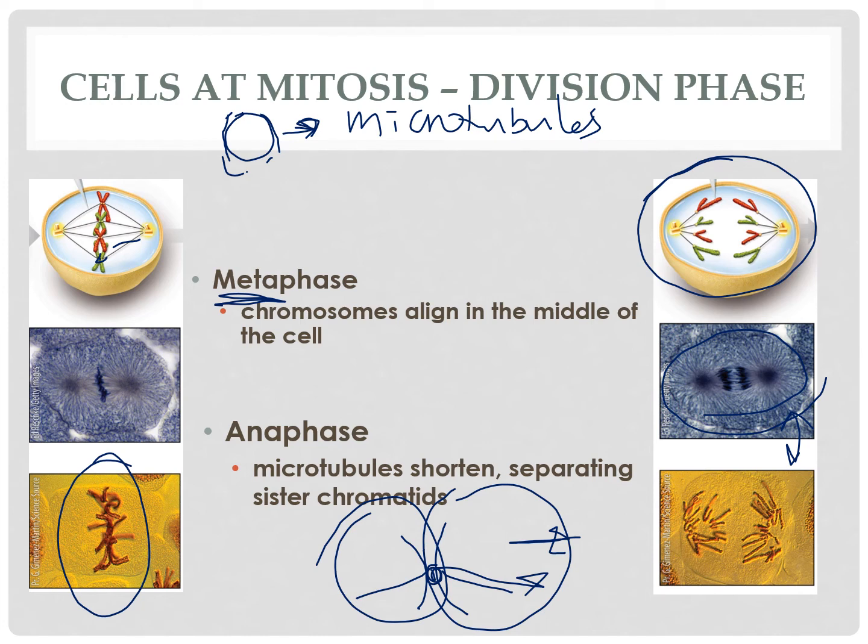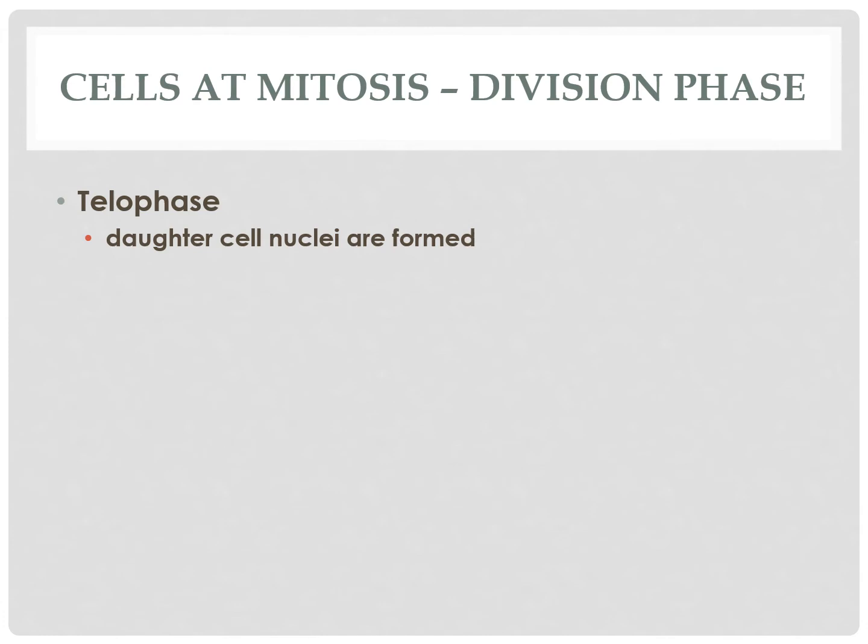So mitosis is often referred to as a little bit of a chromosome dance, and there's quite an art to it. So anaphase, our microtubules shorten, we're separating our sister chromatids, gathering the sister chromatids basically at each pole of this really big cell that we've got going on here.